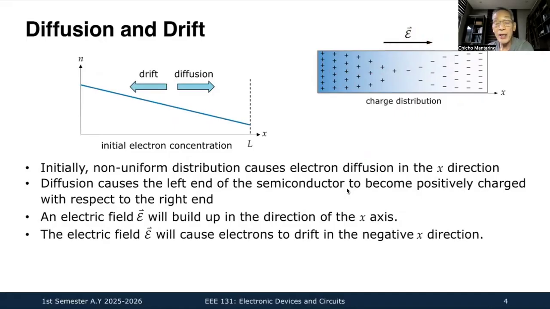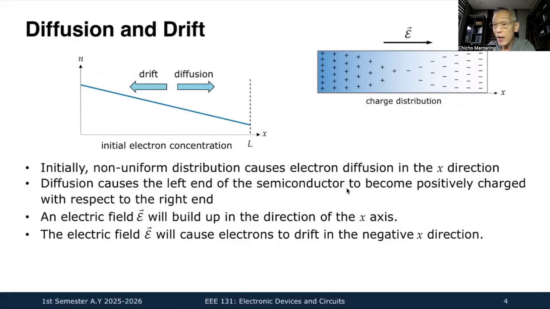But what happens when there is an electric field? What happens when there are charges in the presence of an electric field? We studied that last lecture, last module. Whenever there are charges in the presence of an electric field, those charges will experience a force. And that force will make those charges move.